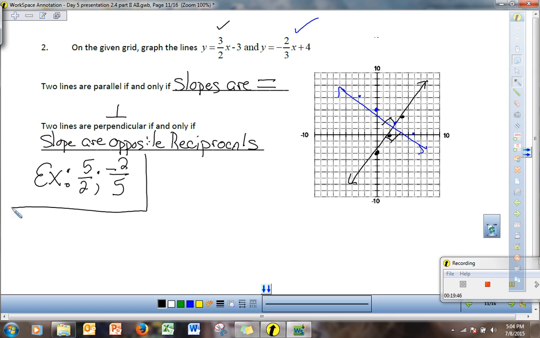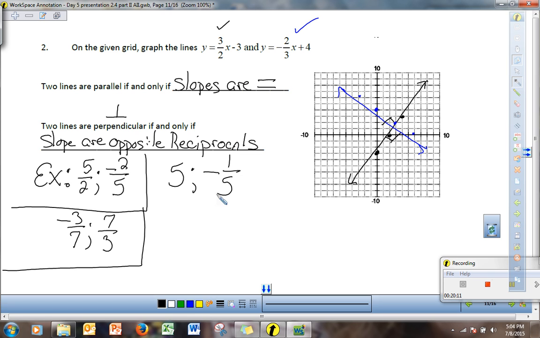Another example, if one slope was negative 3/7, the other slope perpendicular would be positive 7/3. If one slope was 5, the other slope would have to be negative. And then if I flip that, there's an imaginary 1 down here, 1/5. So that's what we mean by opposite reciprocals.